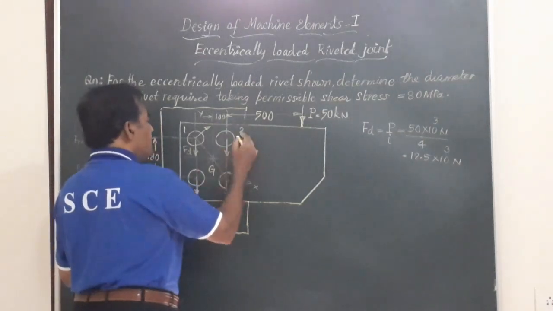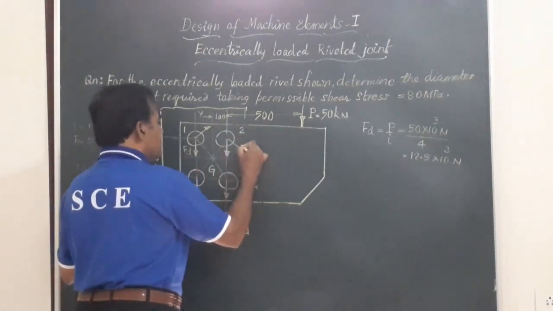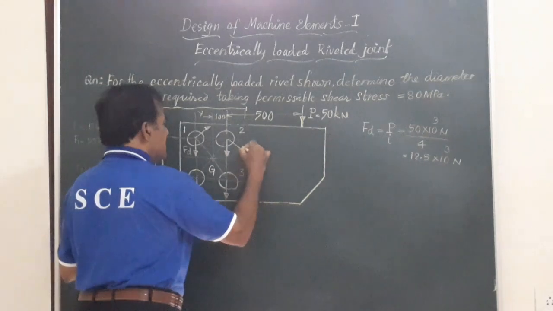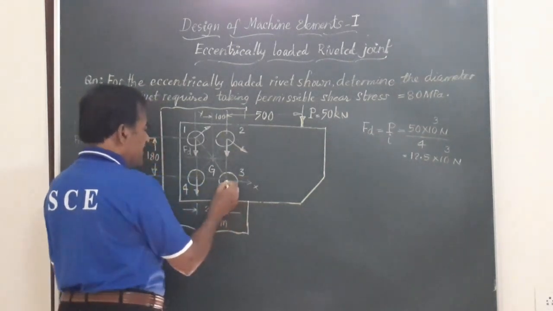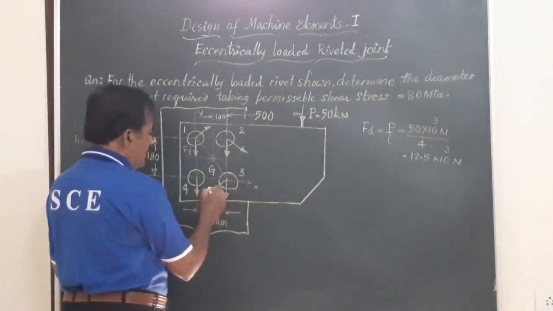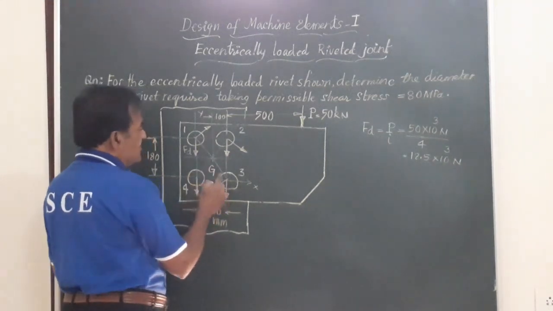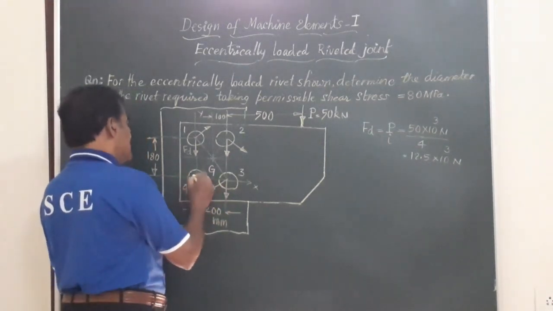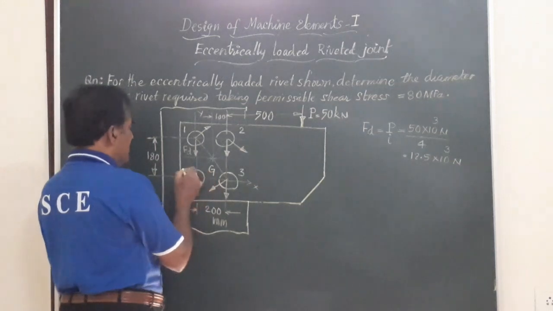This is F1, this is F2 acting at rivet number 2. Similarly, F3, which is acting perpendicular to this distance. Finally, this is acting perpendicular here.